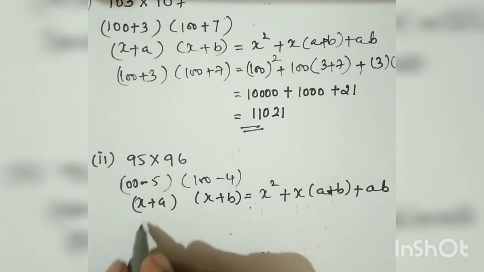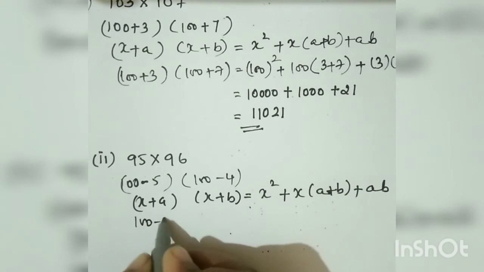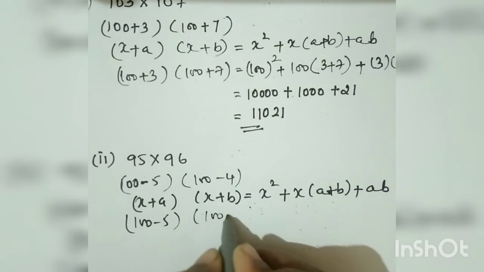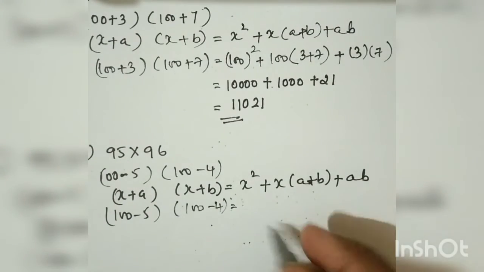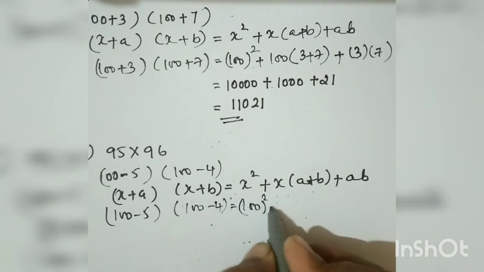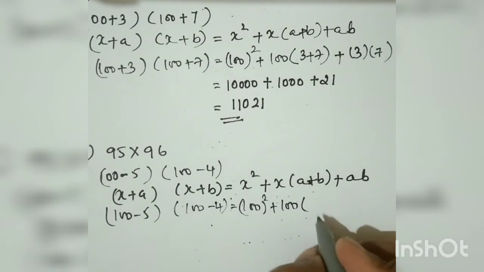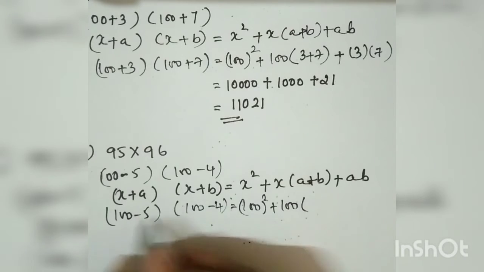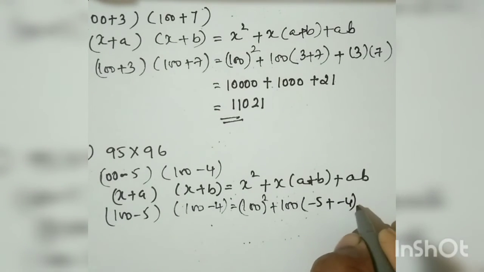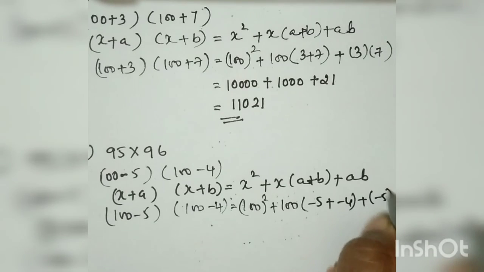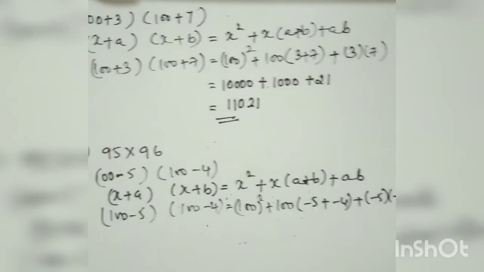Okay. So what is 100 minus 5 here and 100 minus 4 here. So here you will get 100 square plus 100 into minus 5 minus 4. A is minus 5, b is minus 4, plus minus 5 into minus 4.